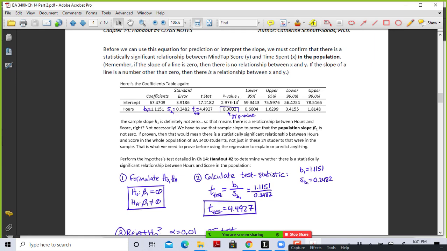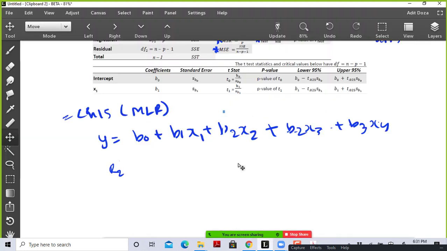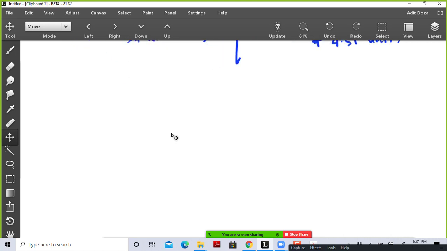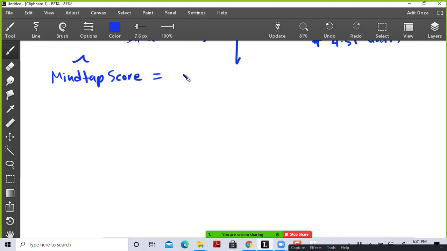So if I write down this model, the Mindtap score is dependent on the intercept, 67.4709.